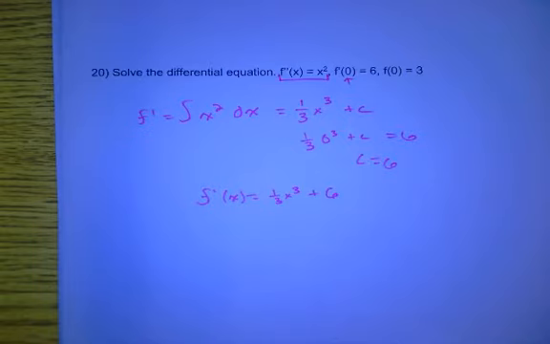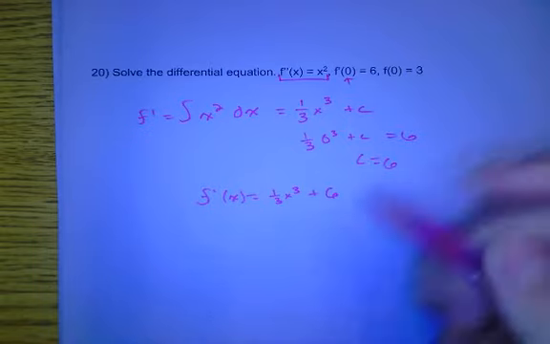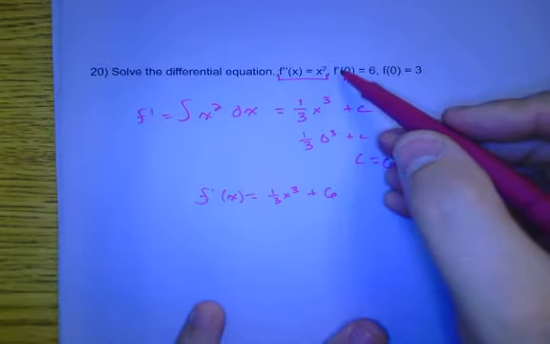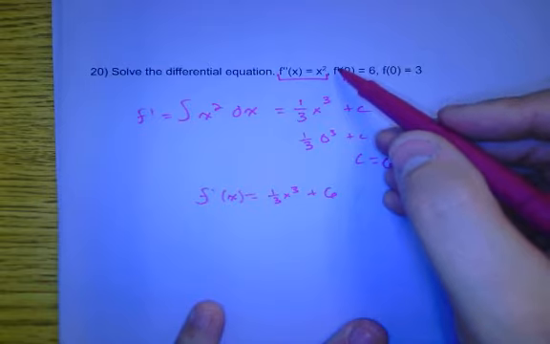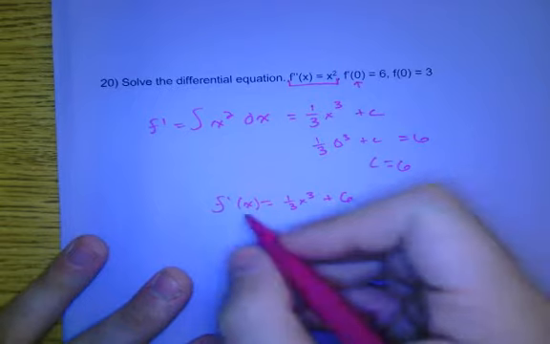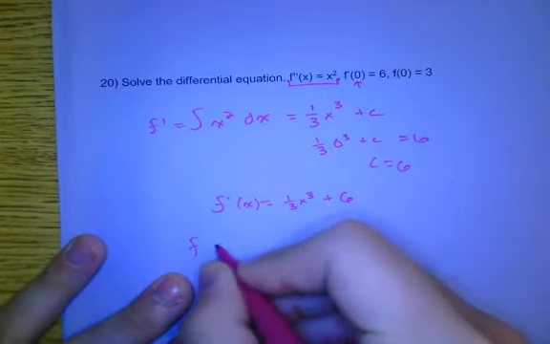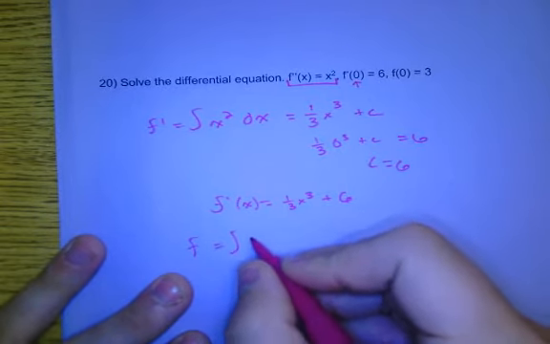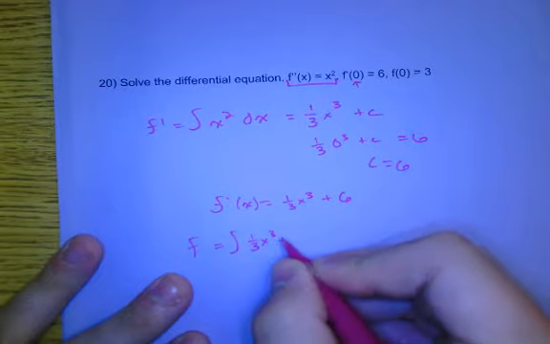You want to do it again? Yeah, we have to. So now we're going to take the antiderivative of f prime to get to f, and then plug in for our initial condition. So f is going to equal the antiderivative of 1/3 x to the third plus 6 dx.